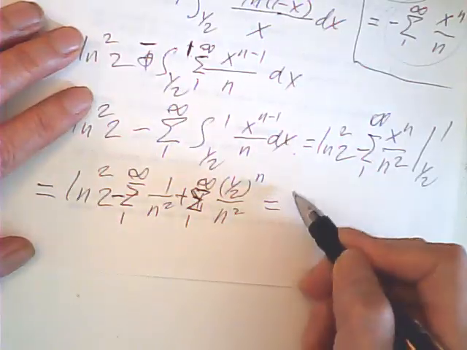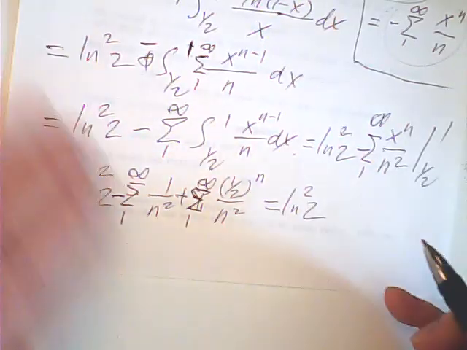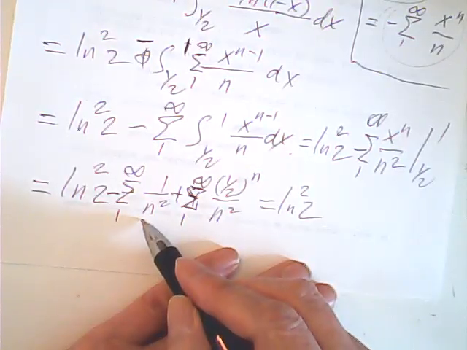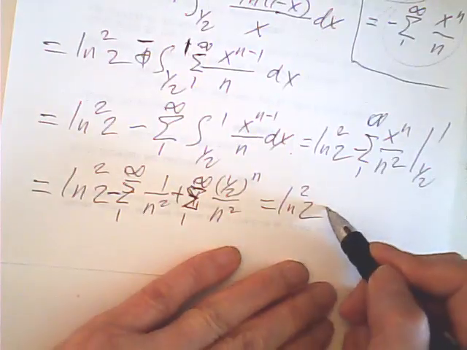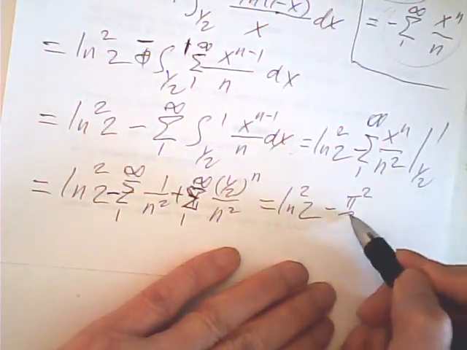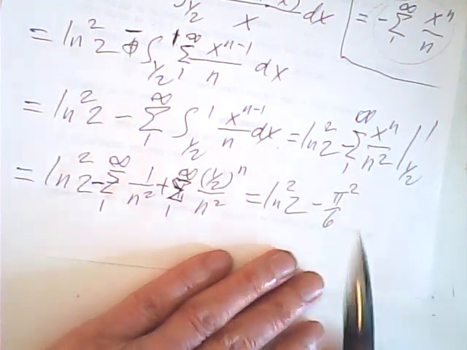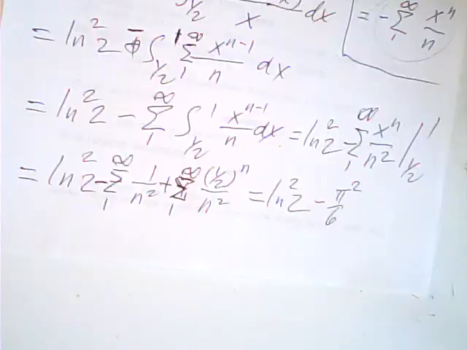Okay, this one is log square 2. This one is the Basel problem. This is pi square over 6. That one is a logarithm function.